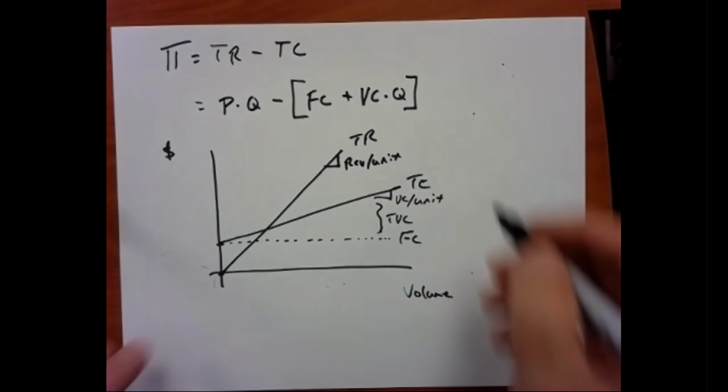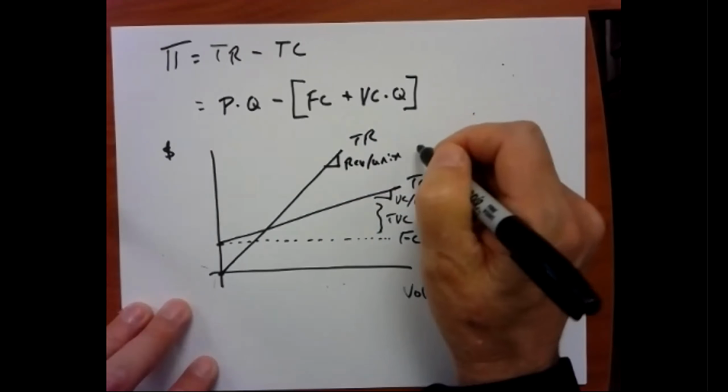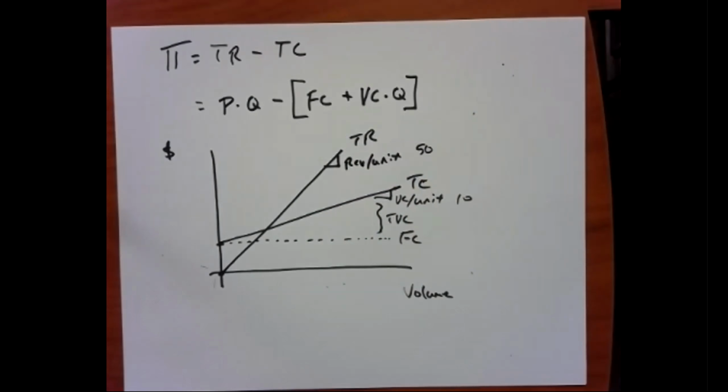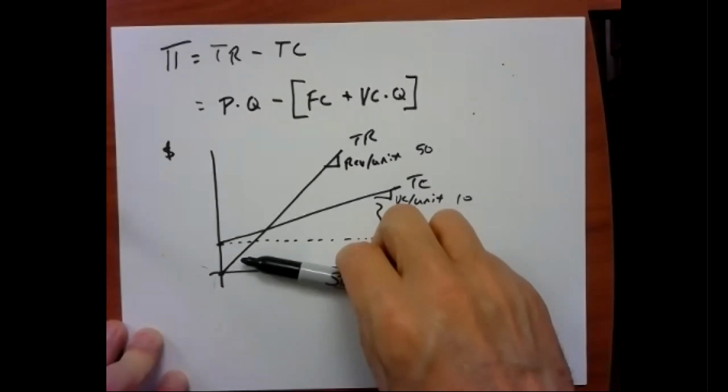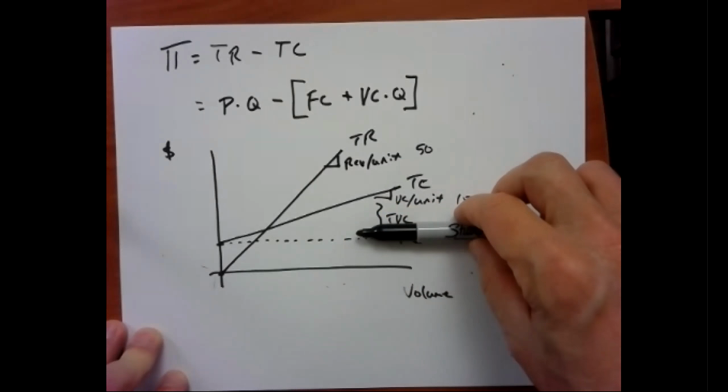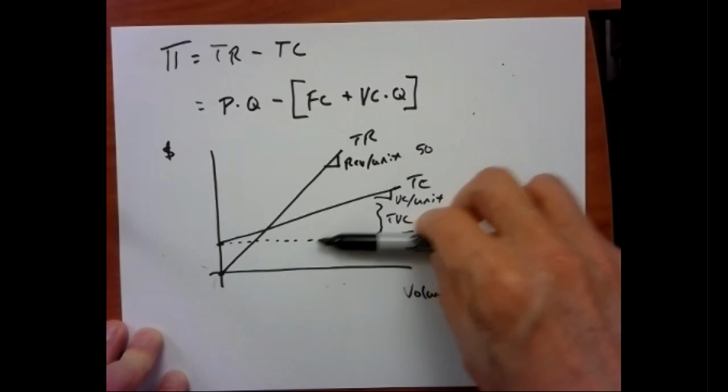So in our example, the variable cost per unit is 10. The revenue per unit is 50. And so the total cost curve gets a head start over the revenue curve because we've got a fixed cost that we have to pay first.